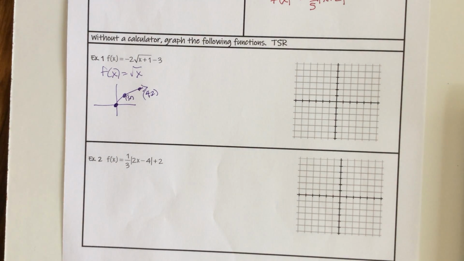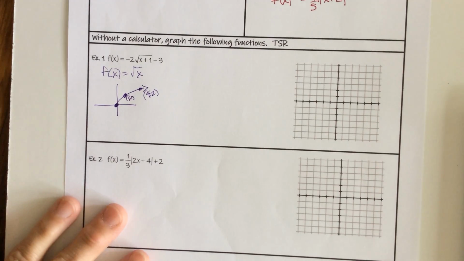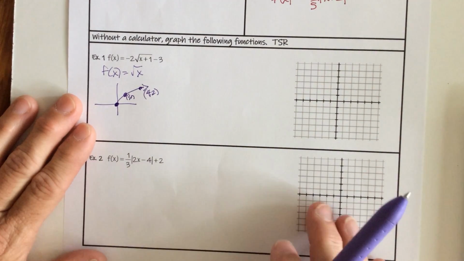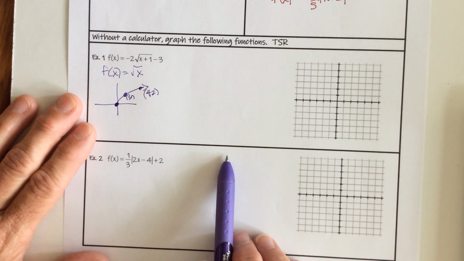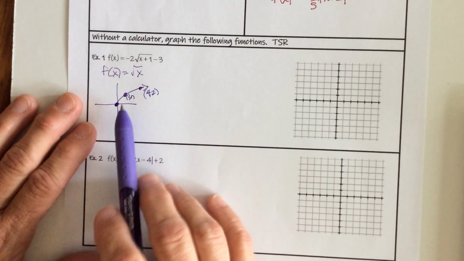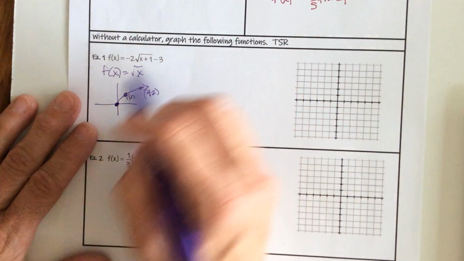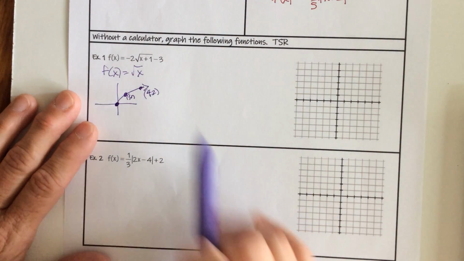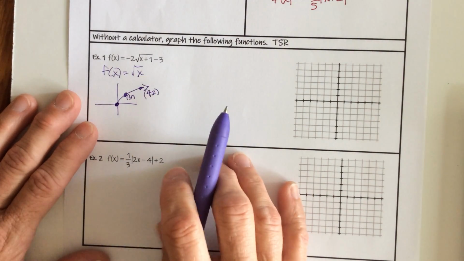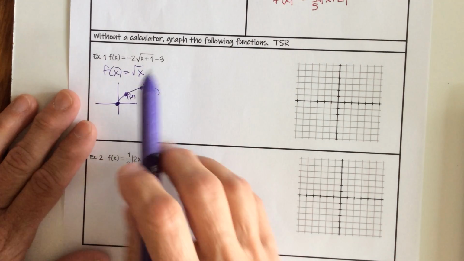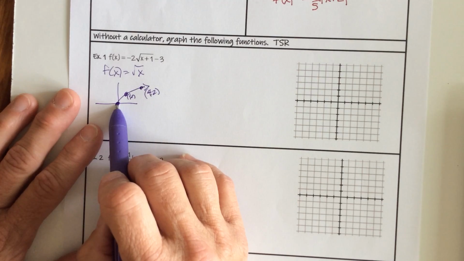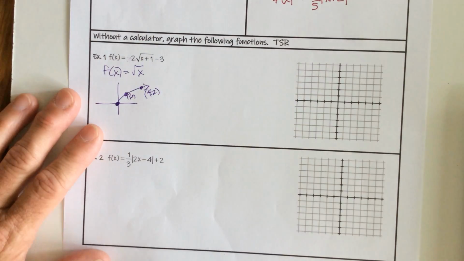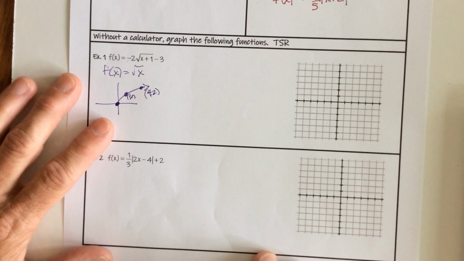So now if I want to sketch the graph of this, let's think about what we could do. I may just make a little table. Sometimes you can actually do this without creating a table. You know that each of these points will be reflected across the x-axis.